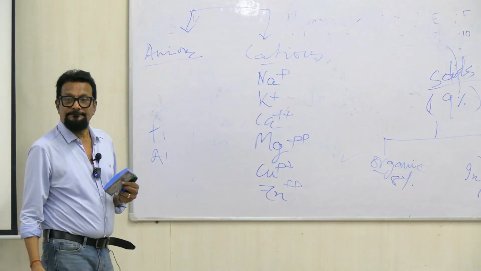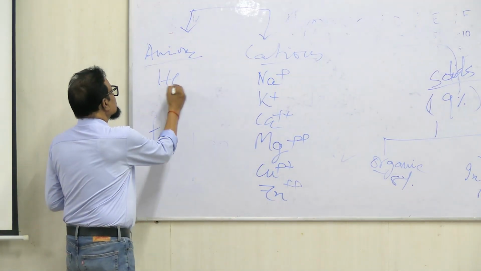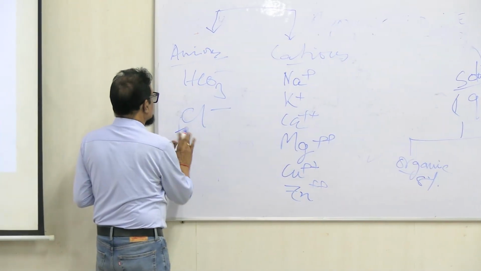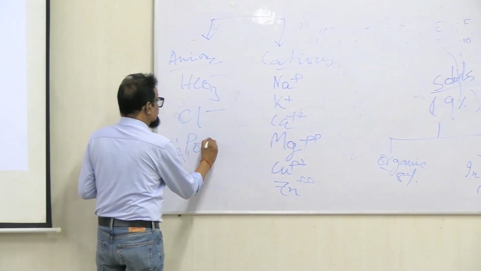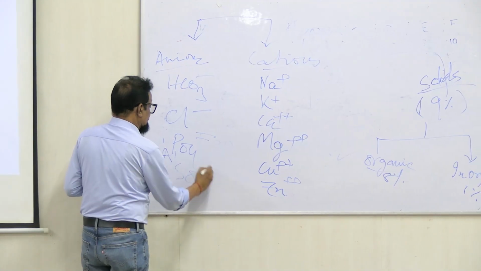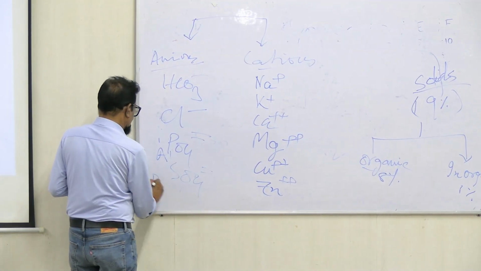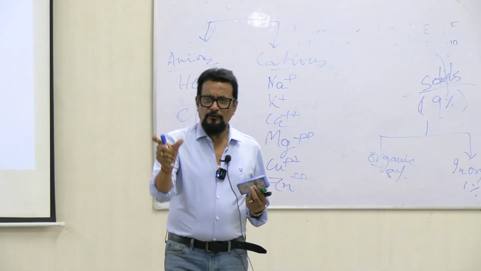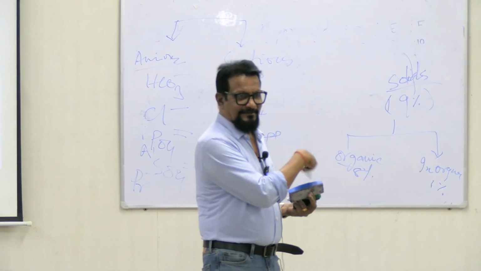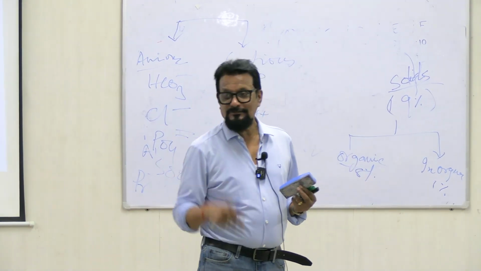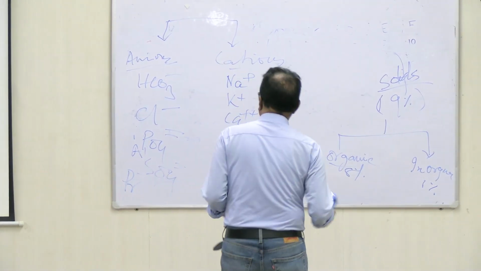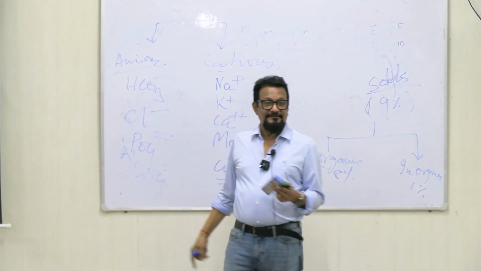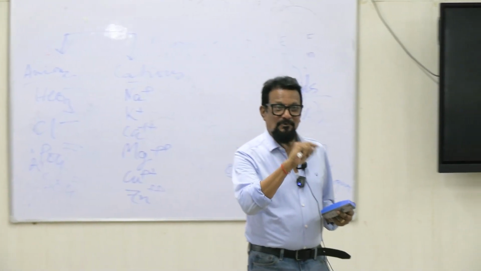Now the anions: bicarbonate ion, chloride ion, phosphate ion, sulfate ion, protein. Protein is an organic compound, but it can be ionized, so don't take it here; protein will be in organic constituents. All anions are very important.